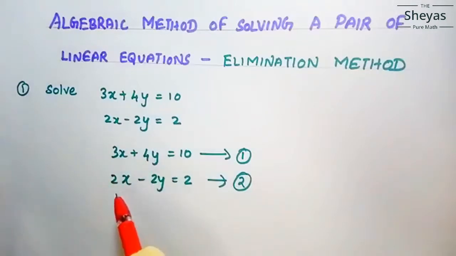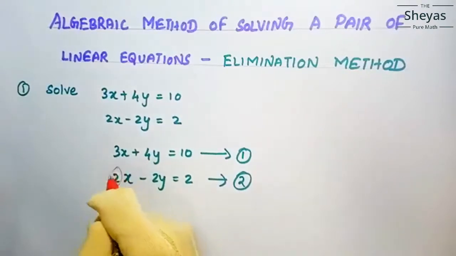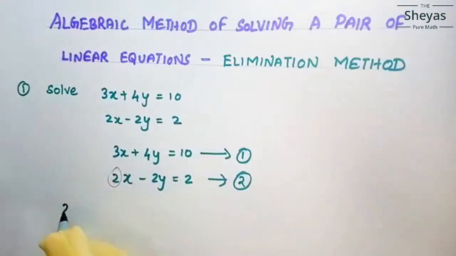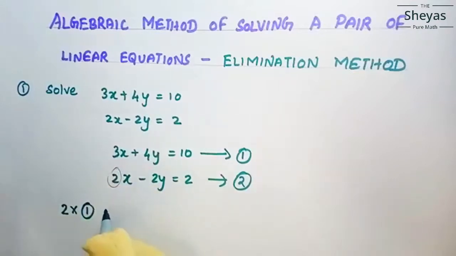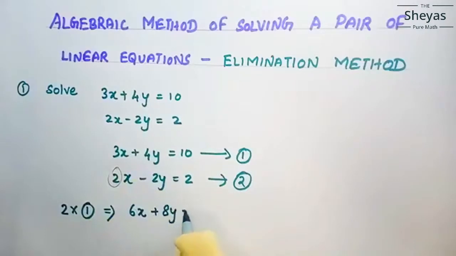So I am multiplying 2 with the whole first equation. 2 into the first equation implies 2 into 3 is 6x, 2 into 4 is 8y, 2 into 10 is 20.